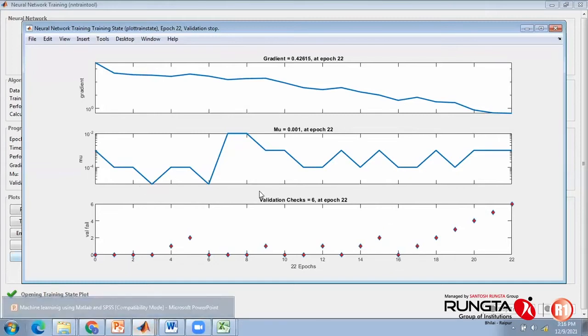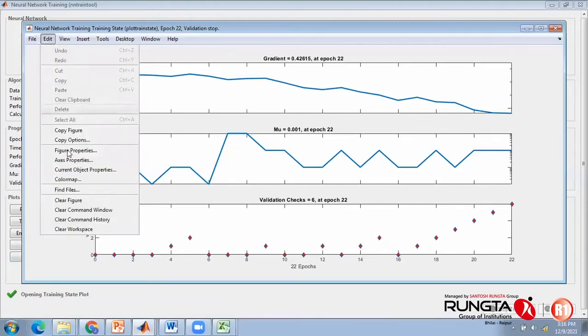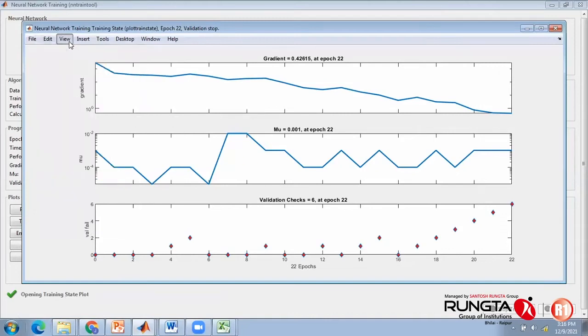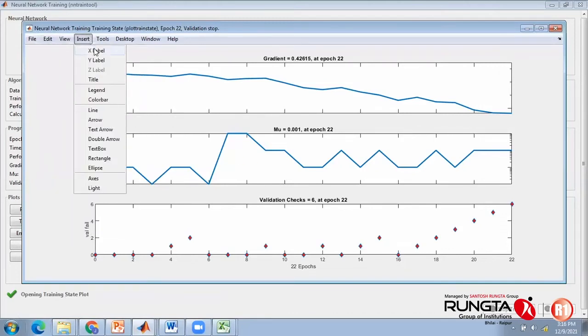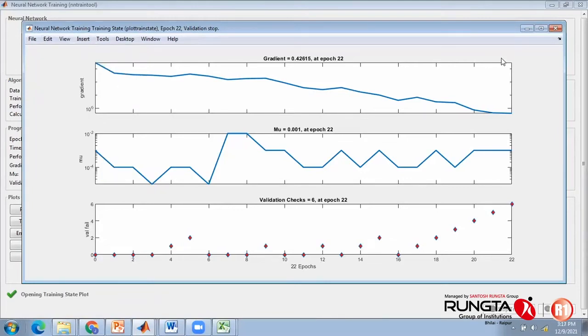So even for this diagram, if somebody would like to use it, you can edit, copy this figure and use it. Okay, if you would like to insert anything, X label, Y label, legends or anything, you can. Suppose I'm putting up legends over here, you can put the data, any legend.